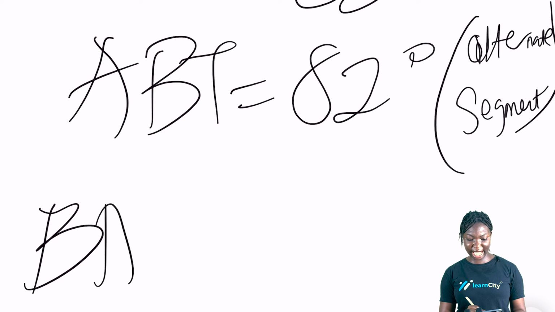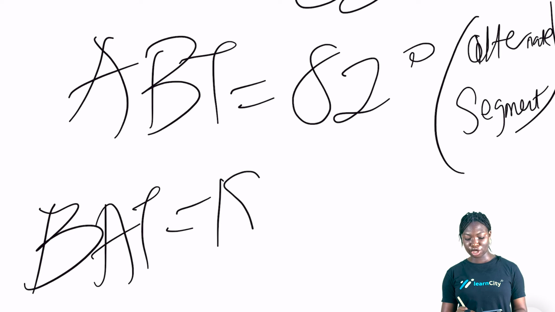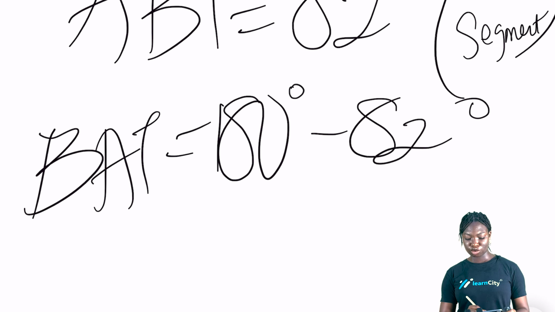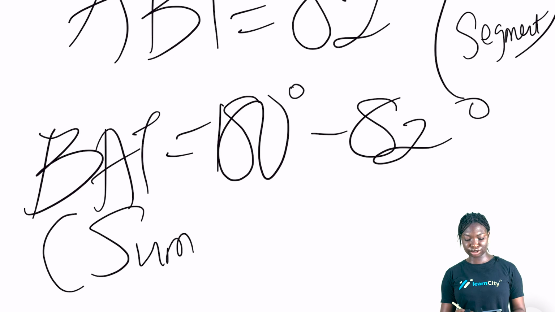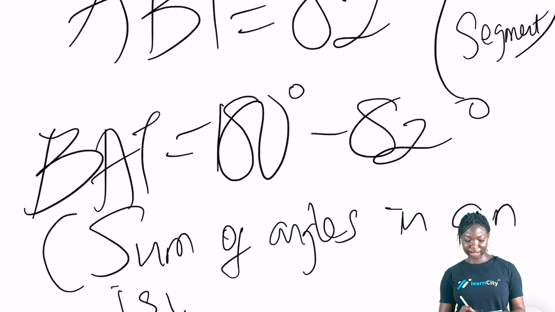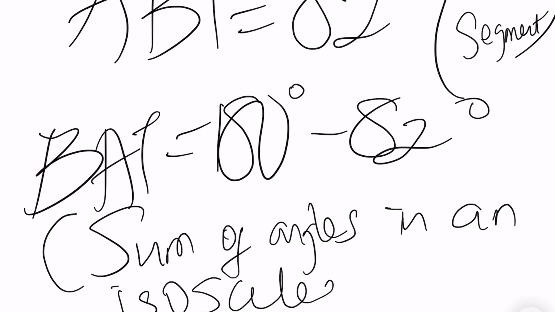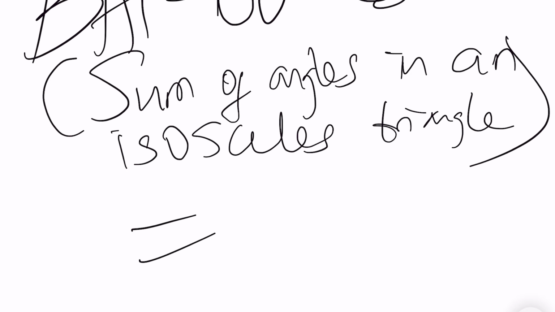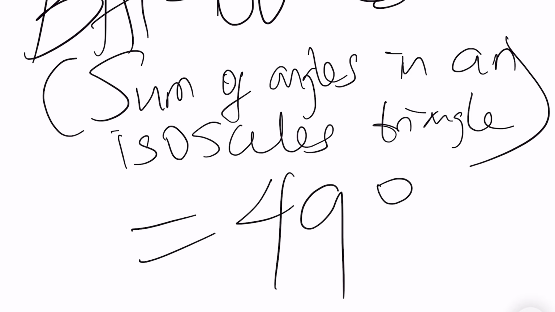So for our BAT, we have 180 degrees minus 82 degrees, which is the sum of angles in an isosceles triangle. So 180 minus 82 degrees gives us 49 degrees.